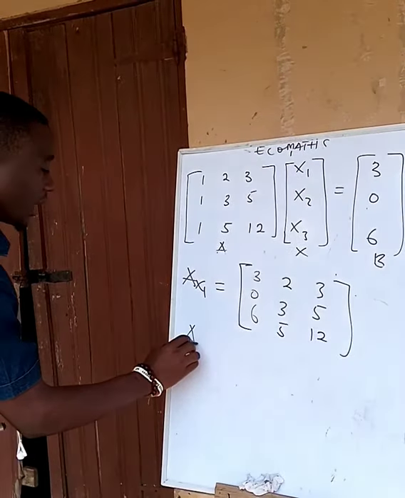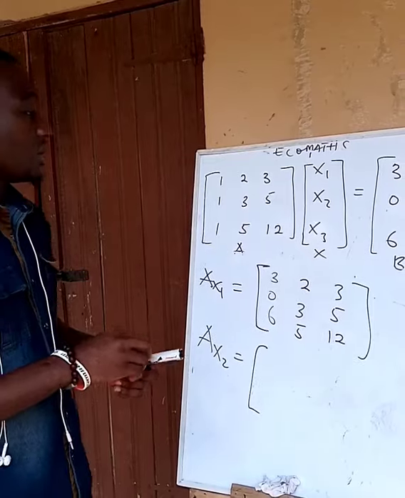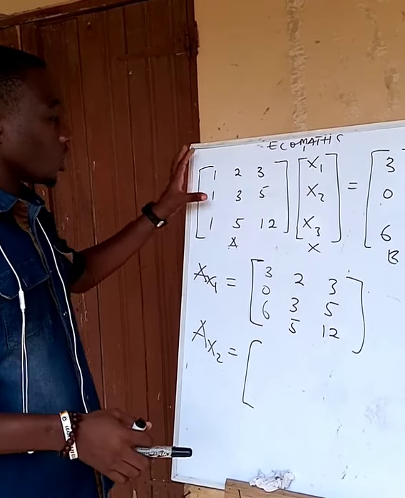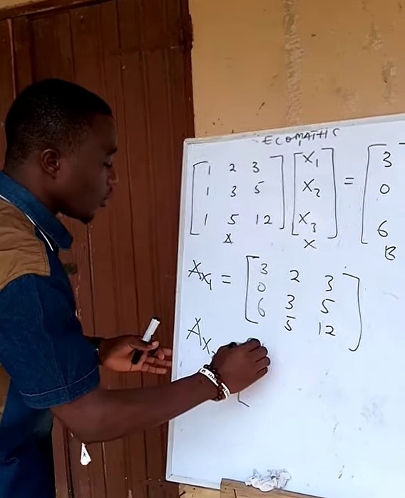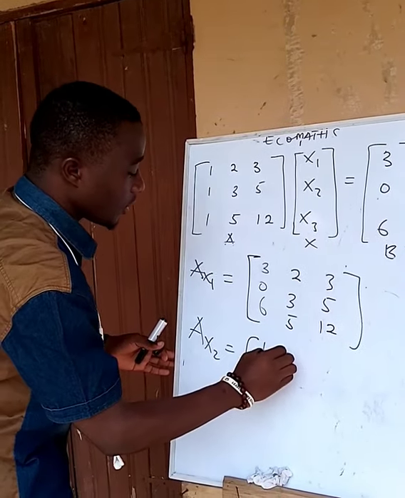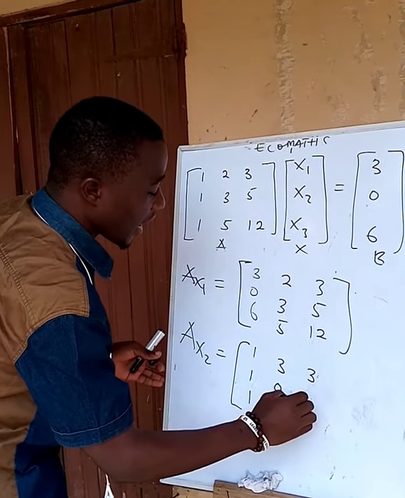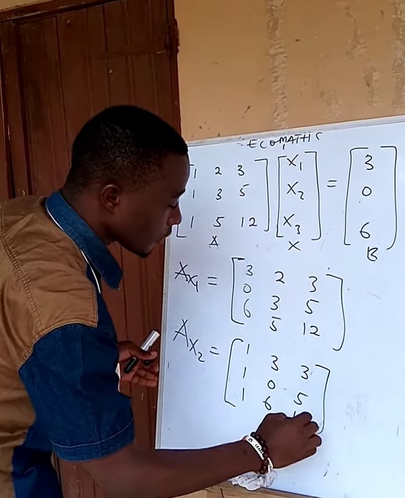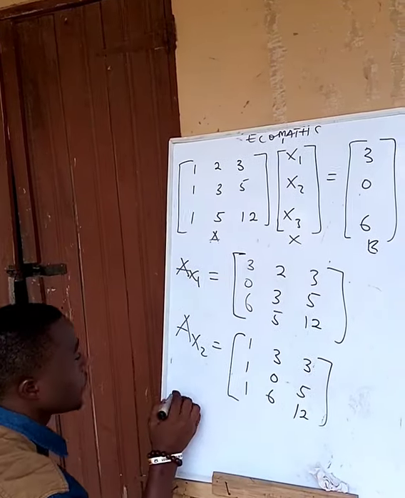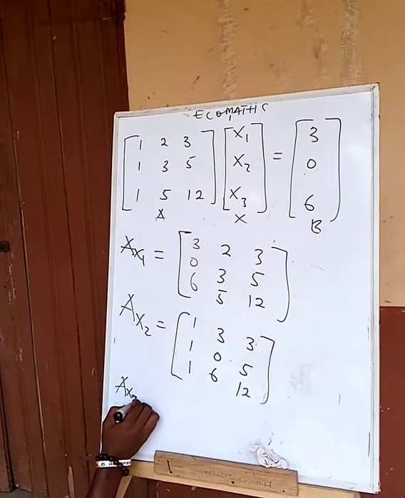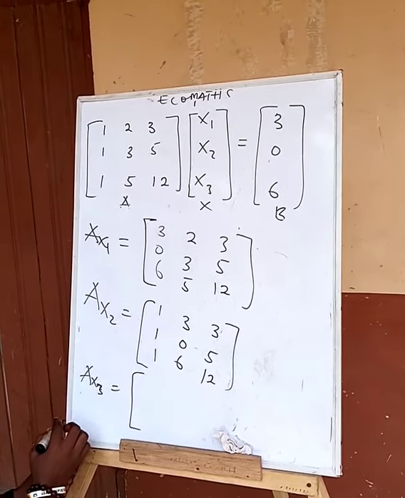I'll do the same for x2. The A subscript x2 is that you replace the middle column by your constant matrix. So I'll do the same: 1, 1, 1, then 3, 0, 6, then 3, 5, 12. And I'll do the same for x3. A subscript 3 is given by, I'll replace the third column.